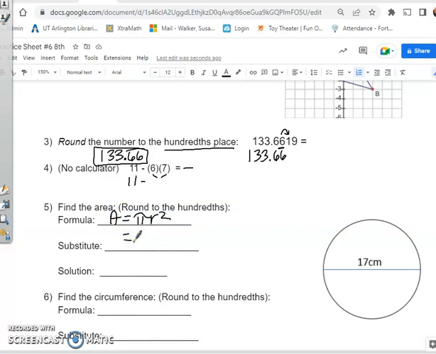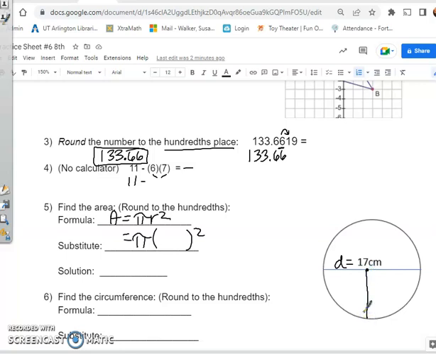Okay. Now, pi, we're going to leave it as pi, right? So, we're going to make sure that we square it. So over here, you'll notice this is the diameter, okay? So the diameter is 17.